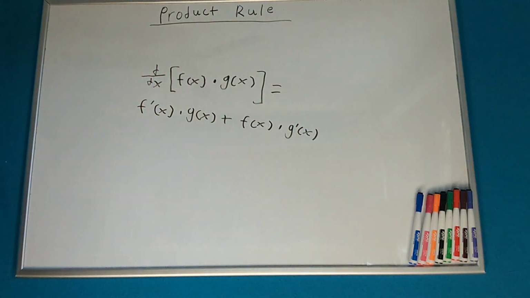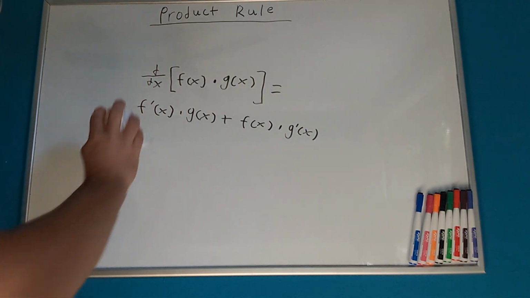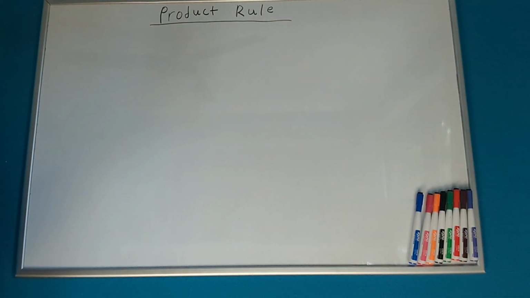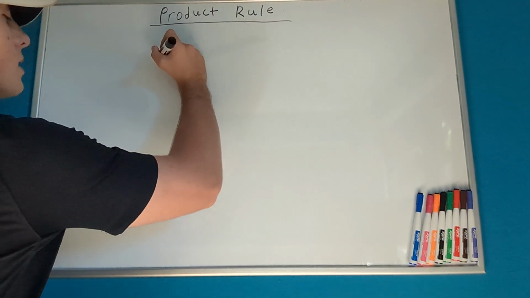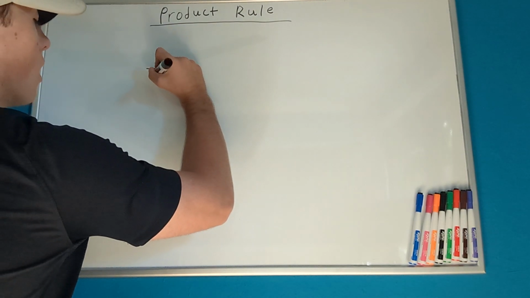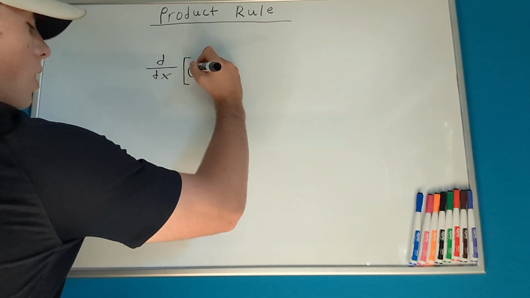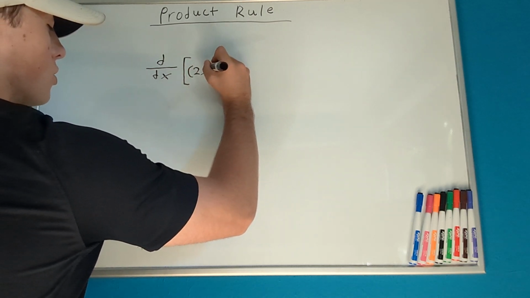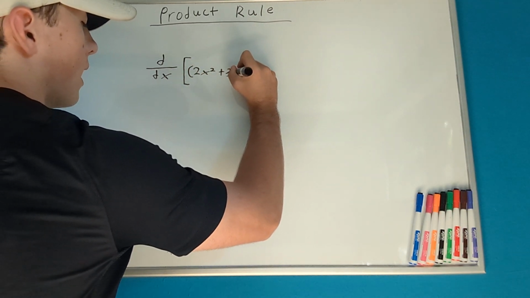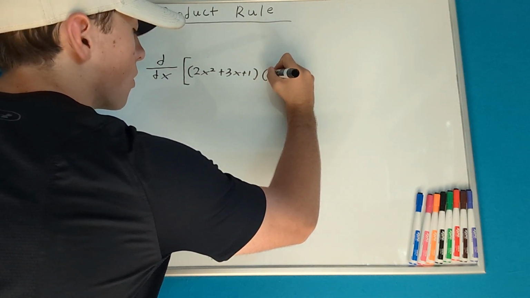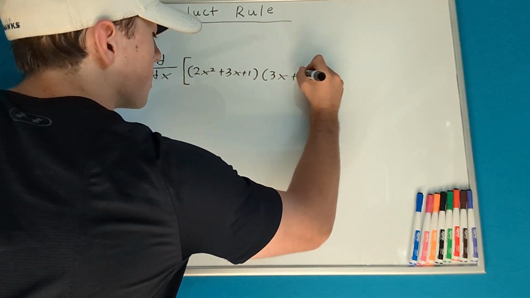Okay? So let's put that into practice, right? I think it'll be a lot easier for us to understand once we do. So let's say we're taking the derivative of 2x squared plus 3x plus 1 times 3x plus 9.